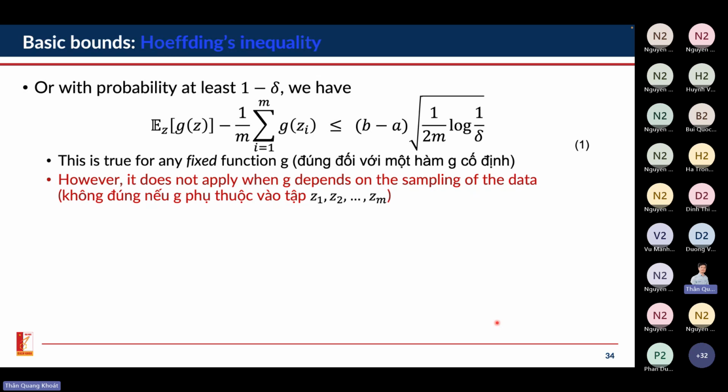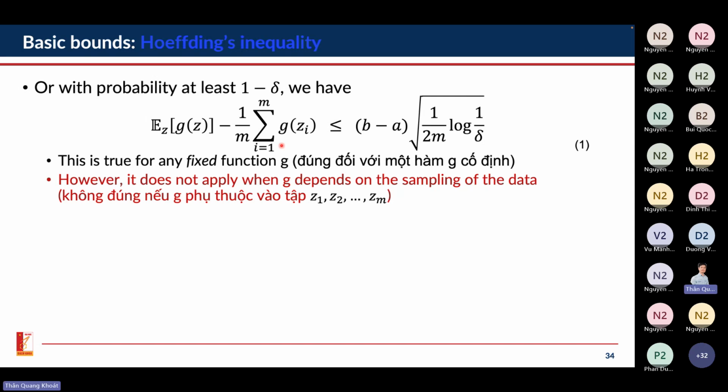So in this case, we have a very good upper bound for the difference, right? But we cannot use this for a trained model, because for this result to hold, the g function must be fixed. That is, the g function cannot change when we change z.